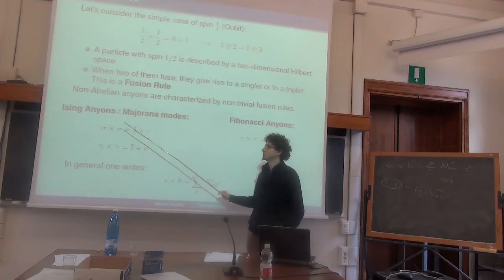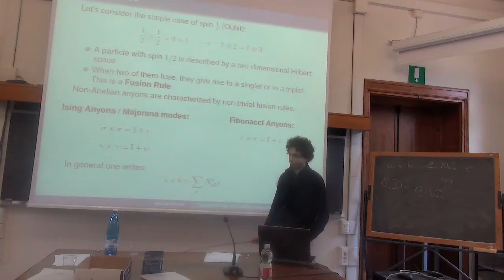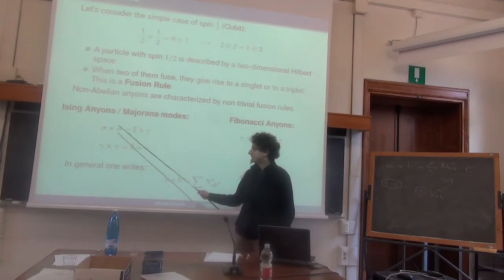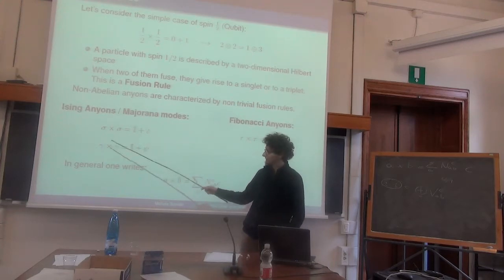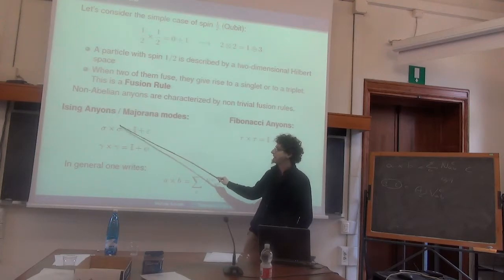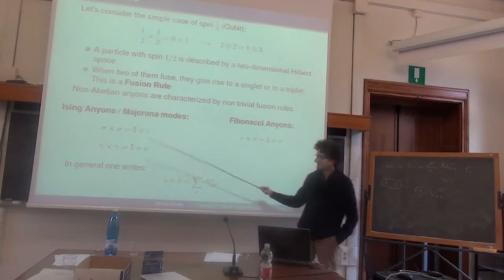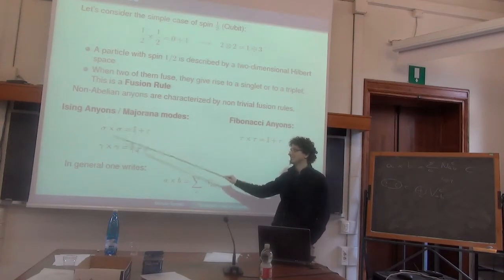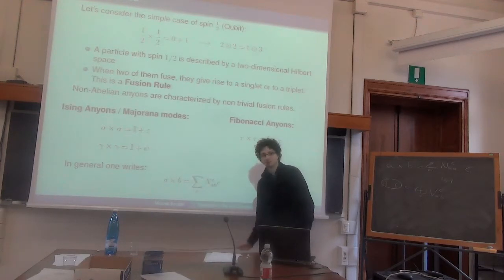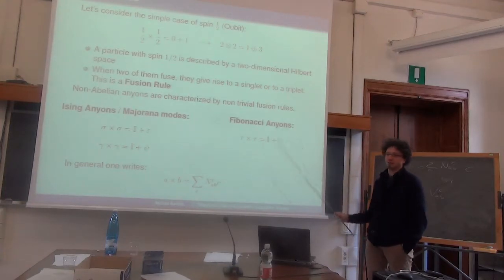However, this is the fusion rule of the primary fields in the Ising model, if you consider only one of the sectors. These fusion rules characterize two objects that in physics are slightly different. When I write in this way, I already am speaking about anyons, and these are thought to be the excitations which appear in a fractional quantum Hall state at a certain filling.